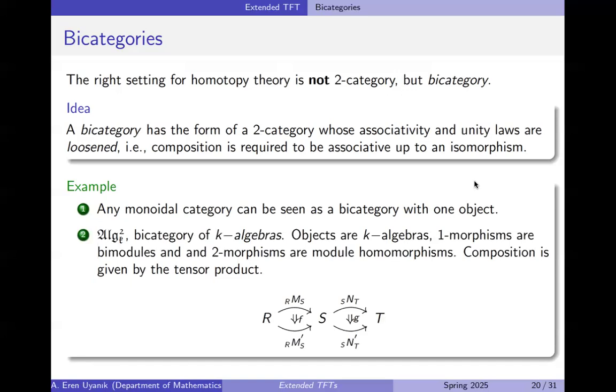Here, objects are K-algebras. 1-morphisms are bimodules between these 2 K-algebras. And the 2-morphisms are just bimodule homomorphisms. So this is the picture we have: objects, 1-morphisms, and the vertical 2-morphisms. This bicategory will be important for our purpose. Any question up to this point?